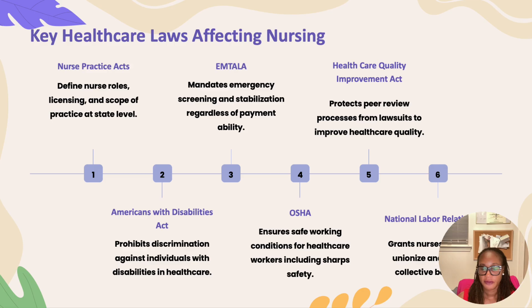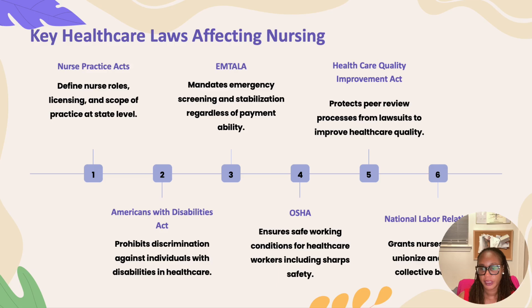And then the Comprehensive Drug Abuse Prevention and Control Act regulates controlled substances. Emergency Medical Treatment and Active Labor Act requires hospitals to screen and stabilize emergency patients. Occupational Safety and Health Act ensures safe working conditions, for example, sharps and safety.